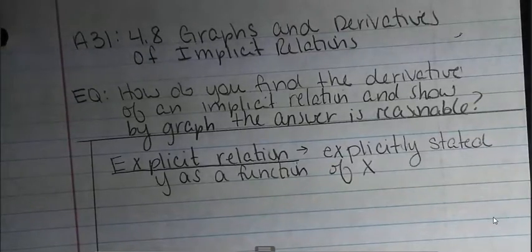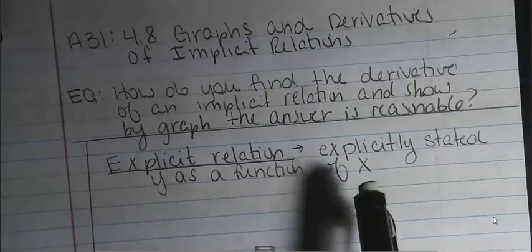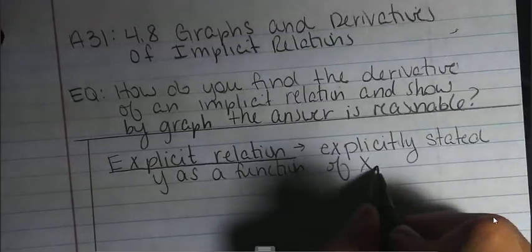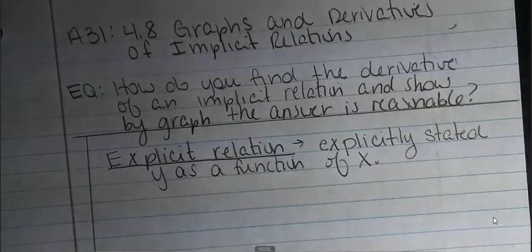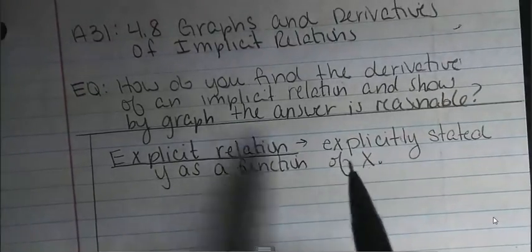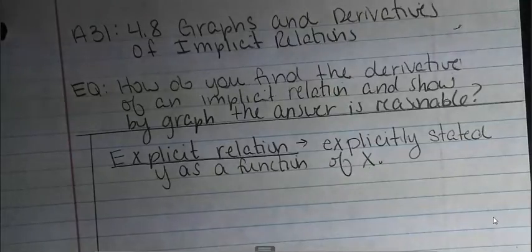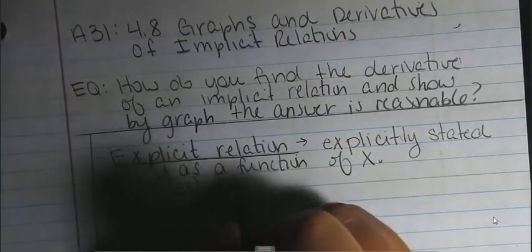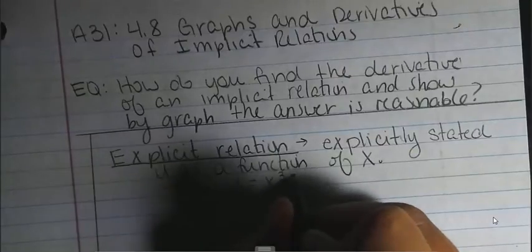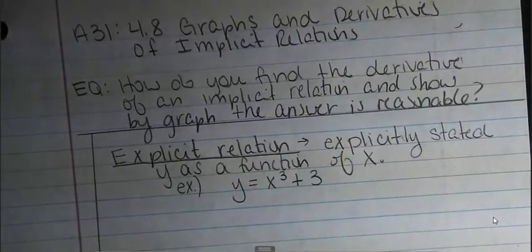So in this case, y would be your output, x would be your input. Okay, and this is what we're really used to working with, right? Is functions that have an input of x and an output of y. Okay, so an example of that might be something like y equals x cubed plus 3.